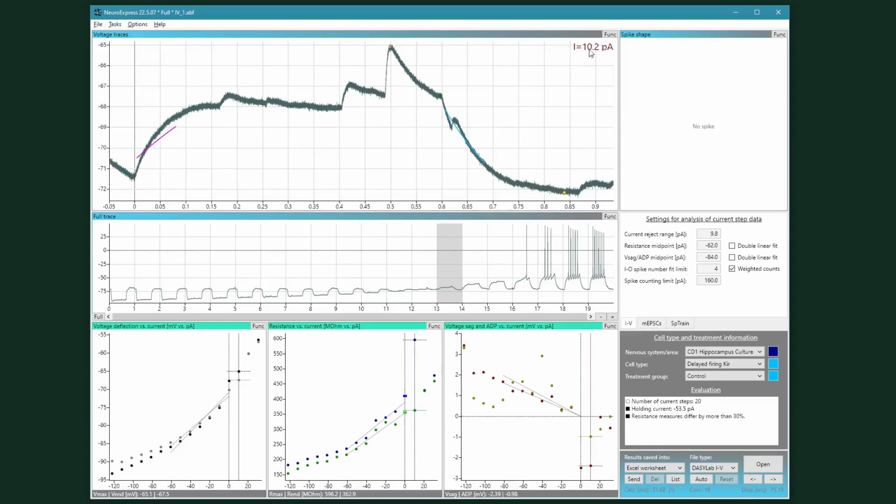The current was already positive here, 10.2 picoamp. So the program is looking for the most positive membrane potential. But in this case, the most positive membrane potential level is actually not the intrinsic behavior of the cell, but this voltage is caused by an EPSP.